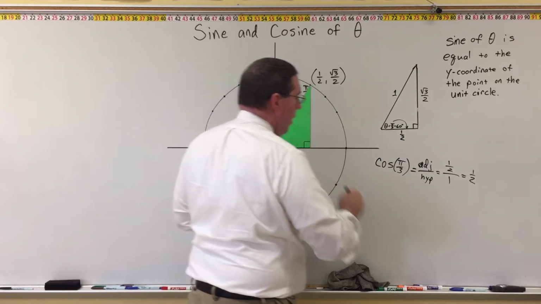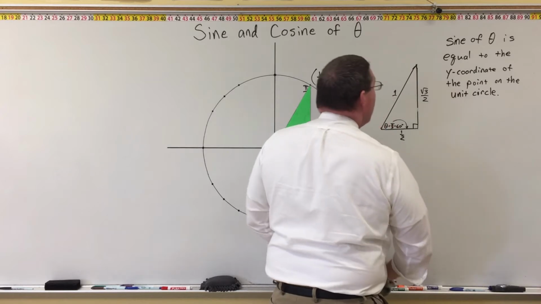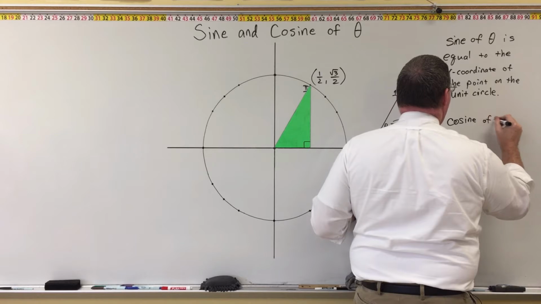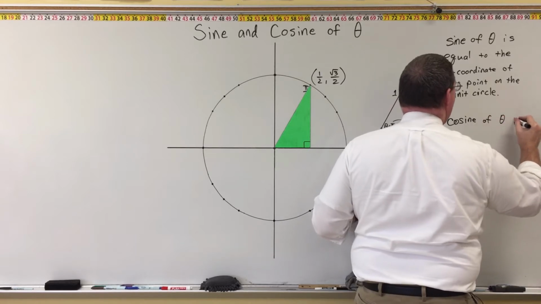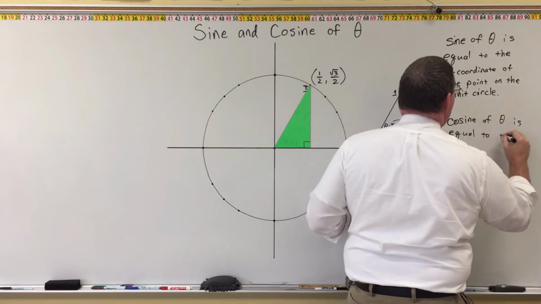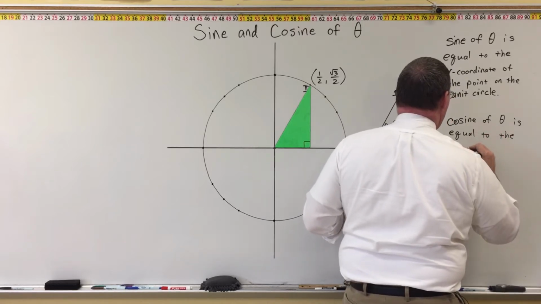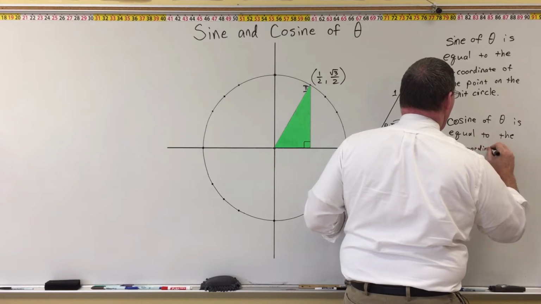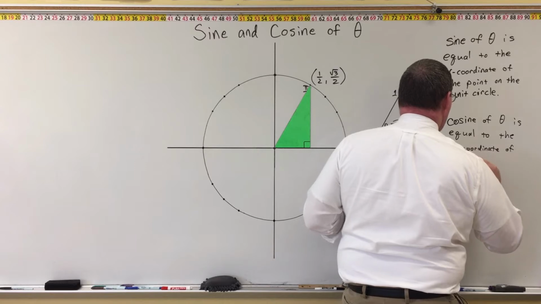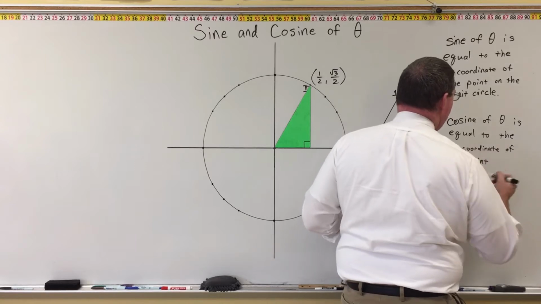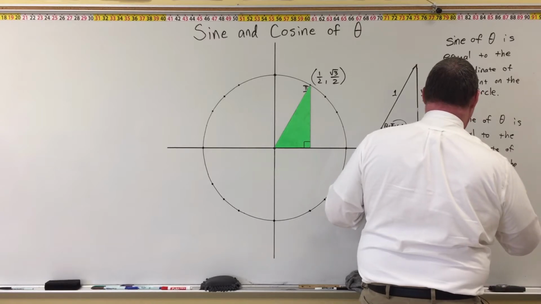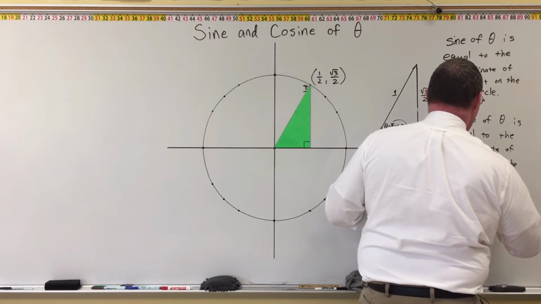And so here's what I want to say about that: the cosine of theta, whatever angle you're dealing with, is equal to the x-coordinate of the point on the unit circle. Well, it's the point that's created by that angle, the point on the unit circle.